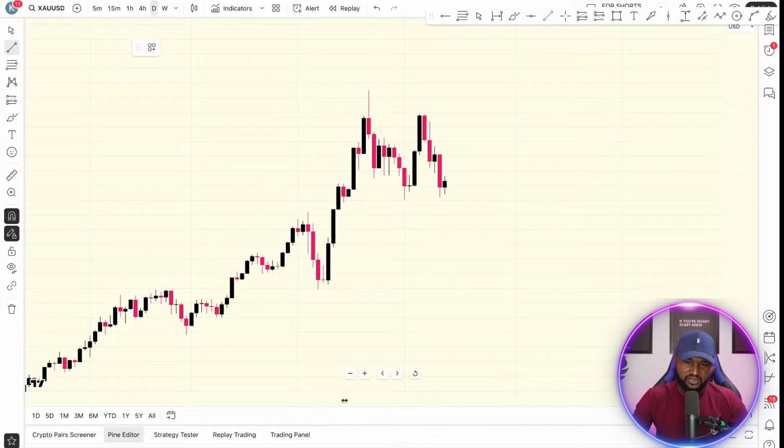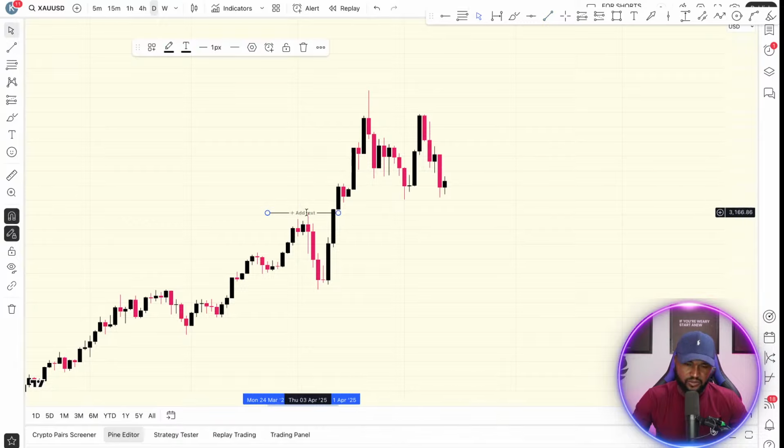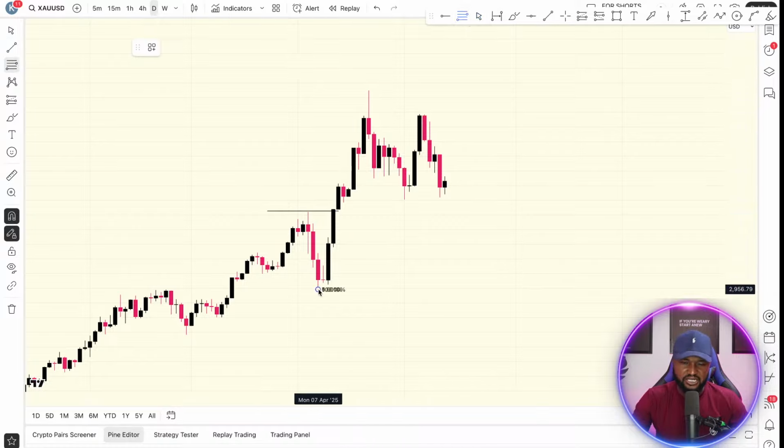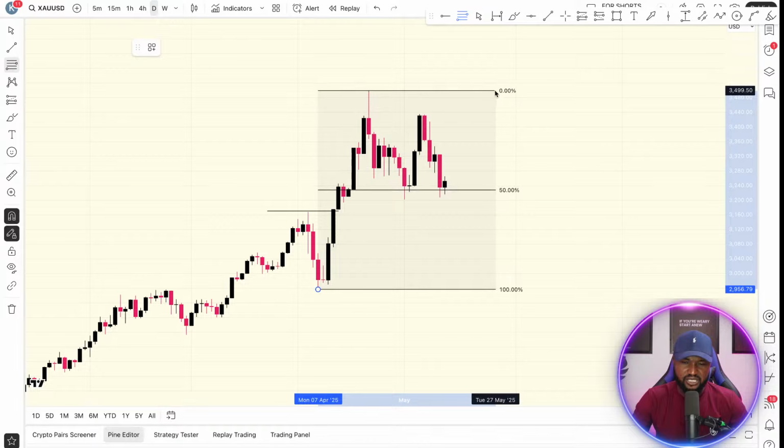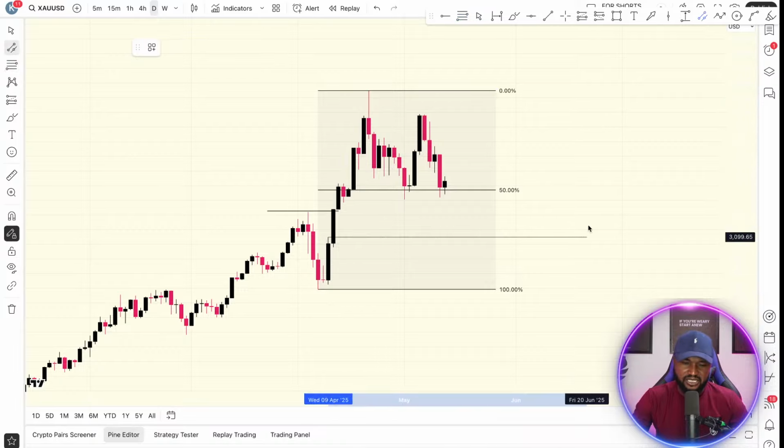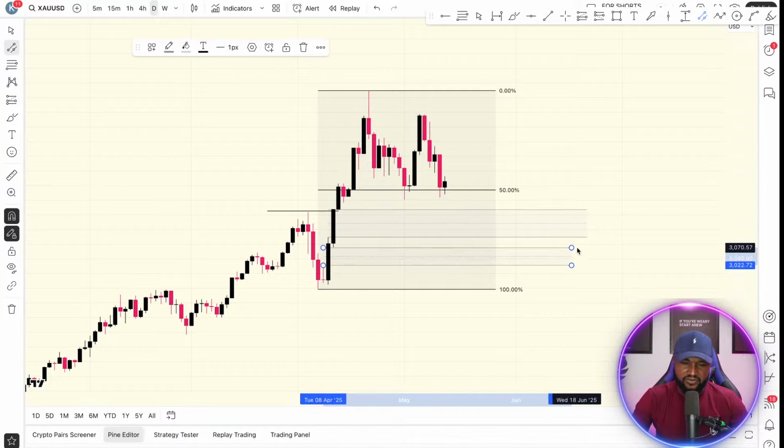So here we have price went above here. Boom. Price took out this guy, went all the way to this area. If you look at this from here to here, price actually created a dealing range, right here. Then if you come down here, you will see something resting here: a fair value gap, a fair value gap, and a fair value gap.